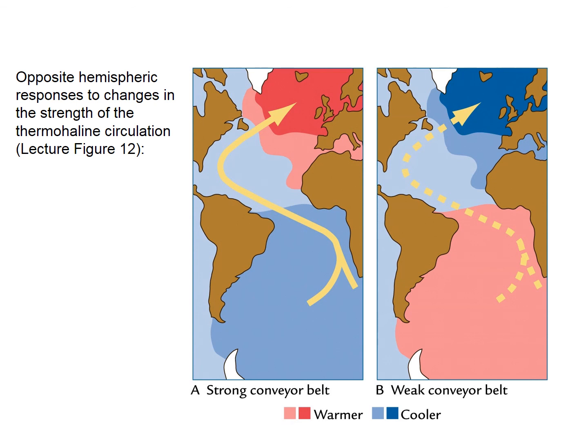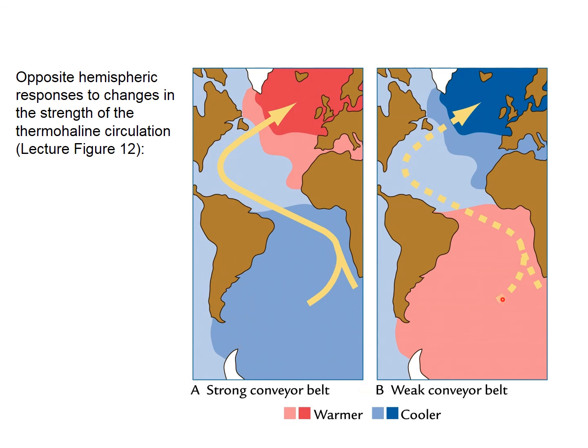If we think about these variations in time, when this flow of water is strong, so when we're forming lots of deep water up here, we're drawing heat up to the high northern latitudes. That causes this part of the Earth to be warm, but because we're transporting heat northwards, this part of the Earth is cold, relatively speaking.